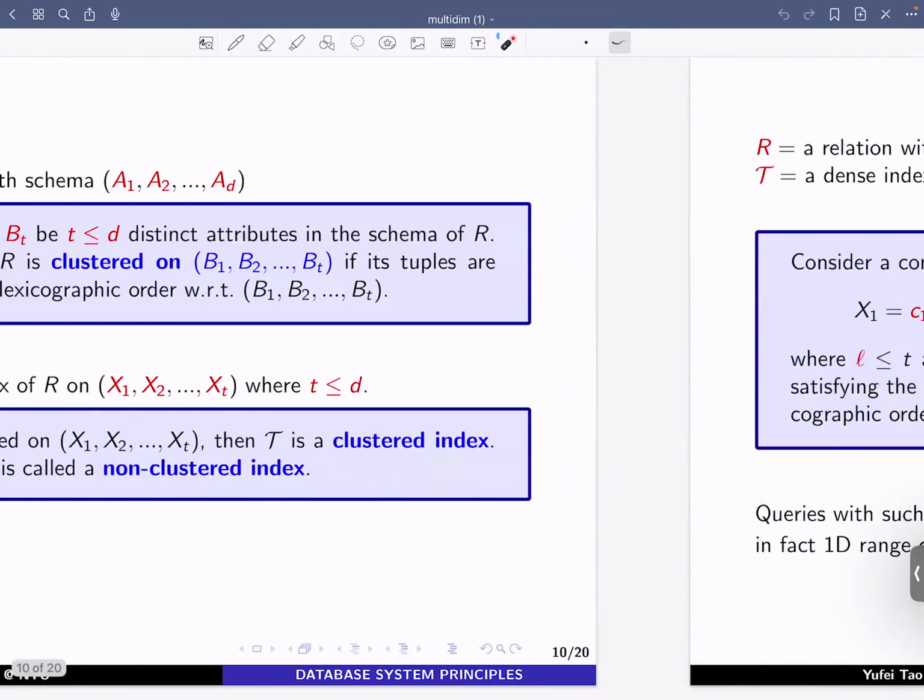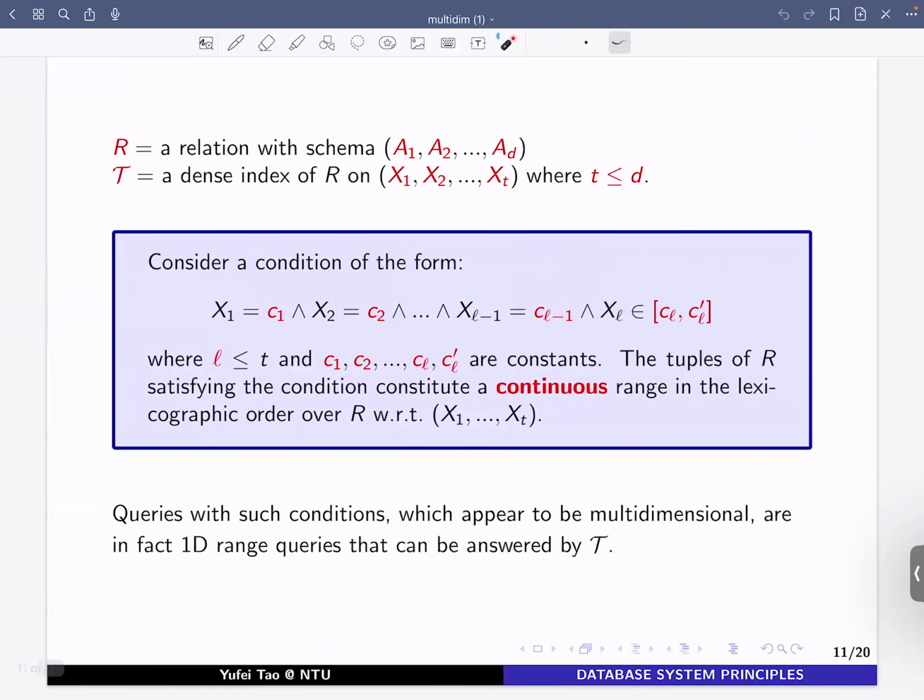Okay, nice. All right, so finally, I get to talk about what I mean by fake multidimensional queries. Okay, fake. Now let's say that here we have a relation like this, and here we have created a multidimensional index.